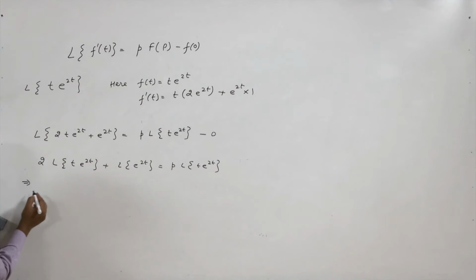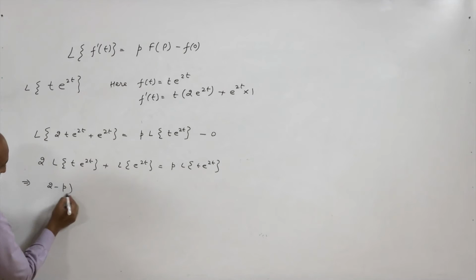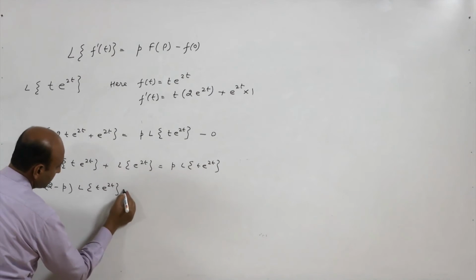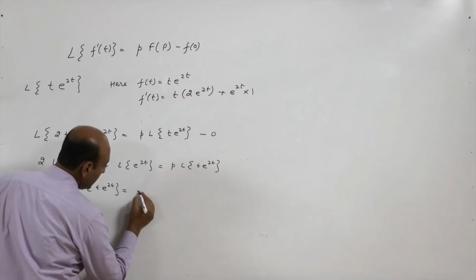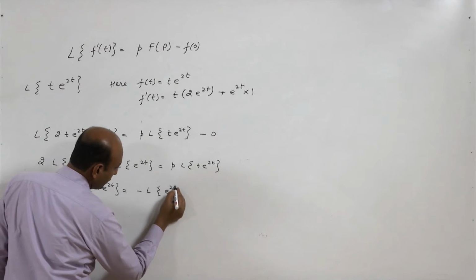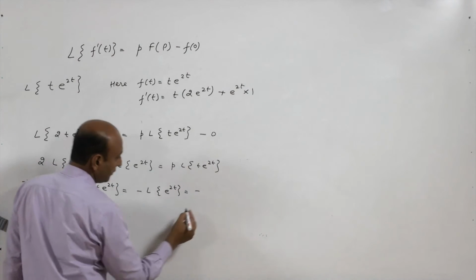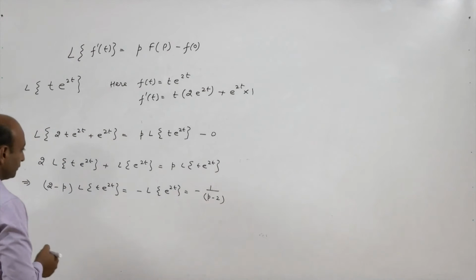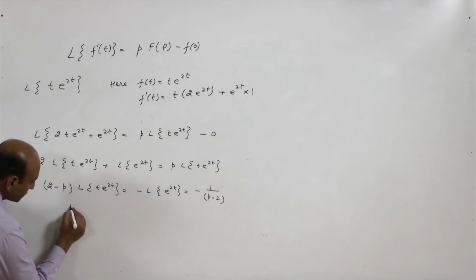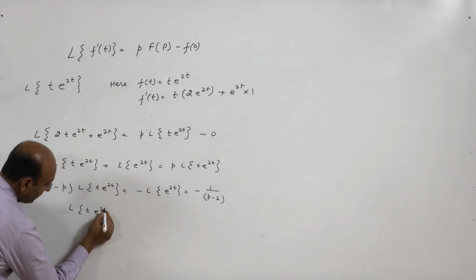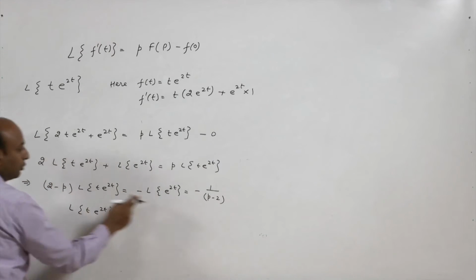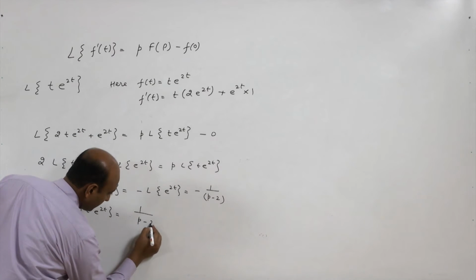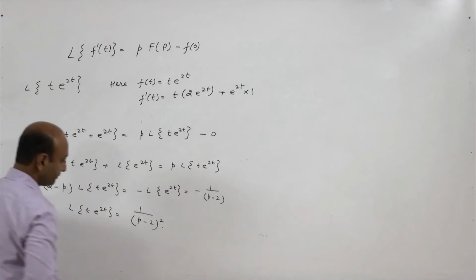This implies (2 minus p) Laplace of t e^(2t) is equal to minus Laplace of e^(2t), which is minus 1 upon p minus 2. So, Laplace of t e^(2t) will be, this goes in the denominator, and negative if we adjust, 1 upon (p minus 2) whole square.